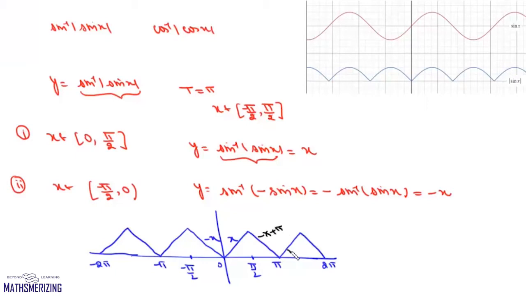Here it will be x minus pi. Here it will be minus x plus 2 pi. This one is going to be x plus pi. Here it will be minus x minus pi. So this is how we can draw the graph of sine inverse of mod sin x, and we can also write the definition of sine inverse of mod sin x.